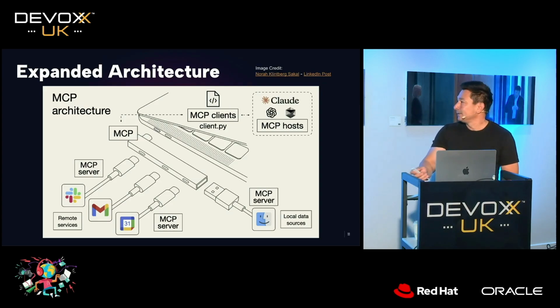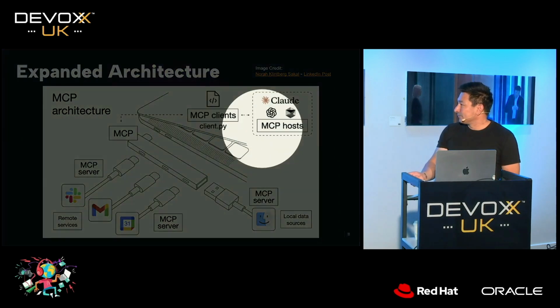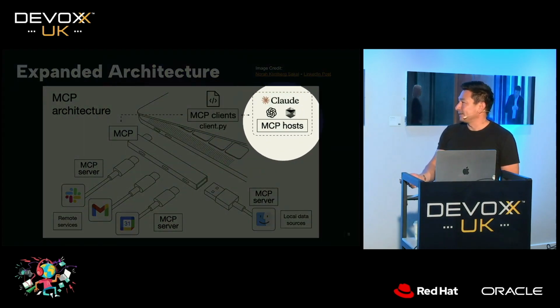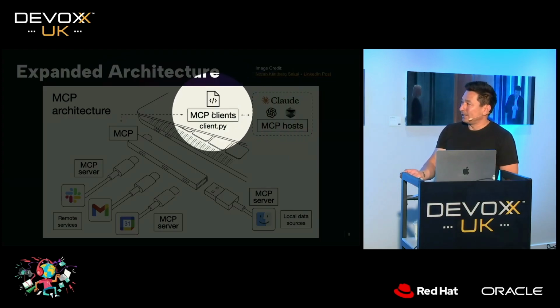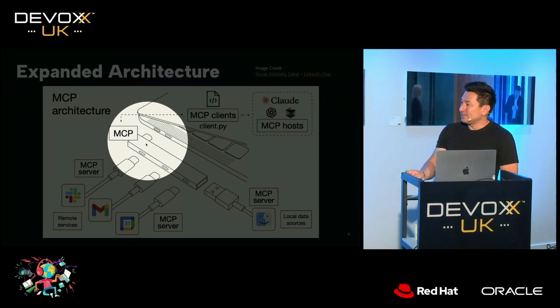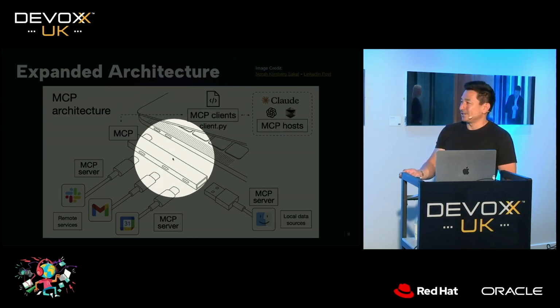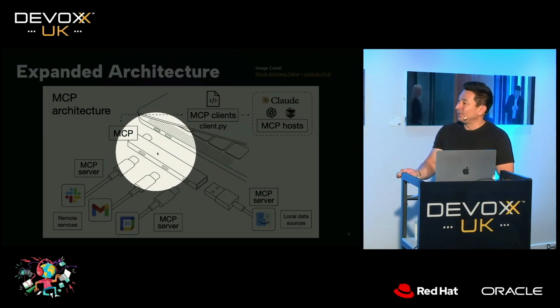So we have, let's see, my pointer will work. Yes! We have Claude, right? It's an LLM. They call them MCP hosts, whatever. An AI agent, an LLM, uses an MCP client, and then the MCP protocol is literally the best representation of what MCP is.